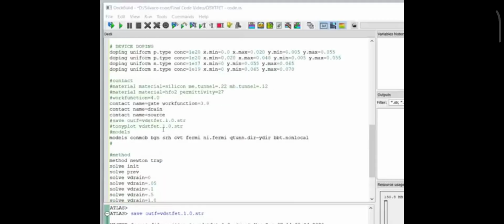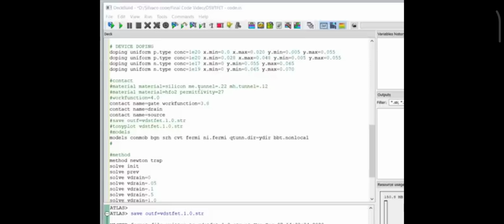In the doping region, we are using two source regions. The doping of the source region is equal to 1E20 with different positional parameters, left side and right side. Next, you have to define the doping for the channel region. We are using a channel doping of about 10 raised to power 17 with its positional parameters.